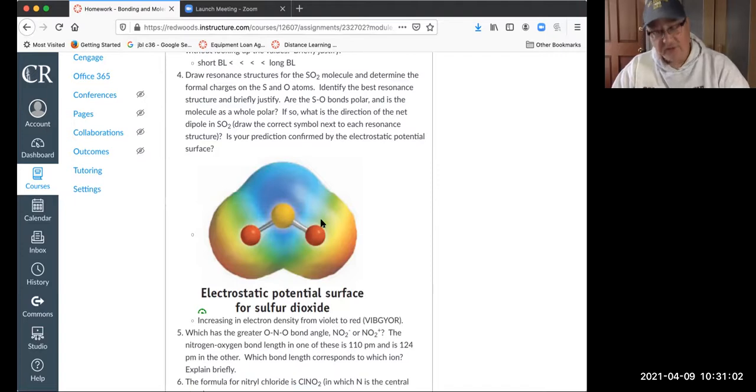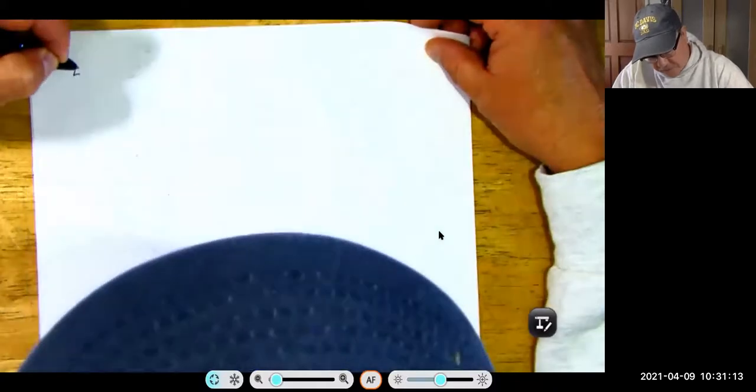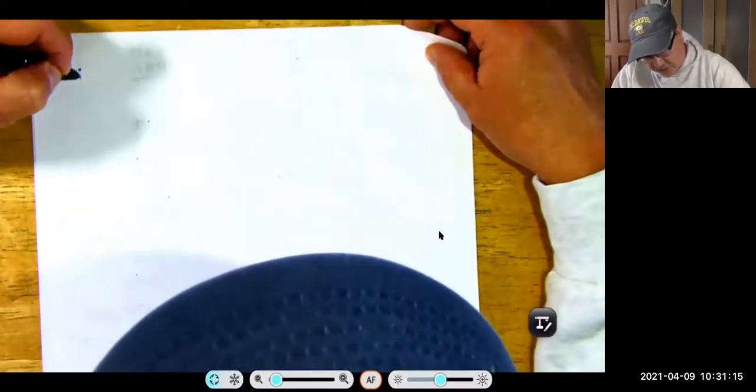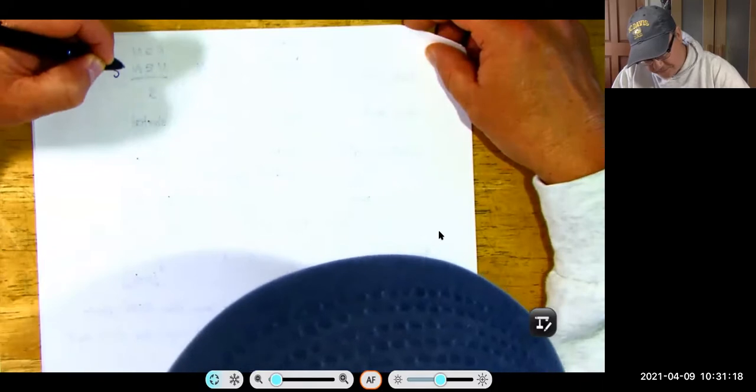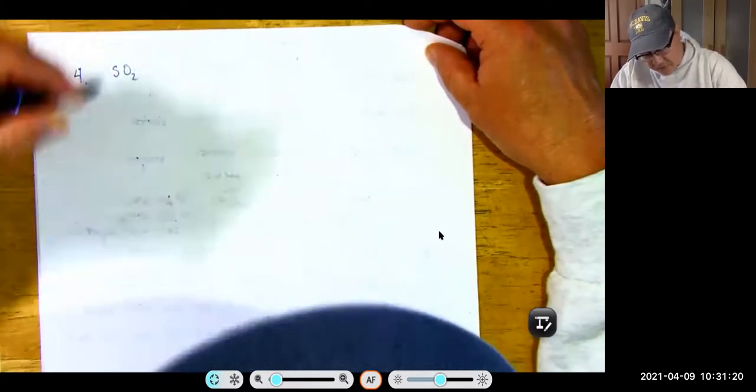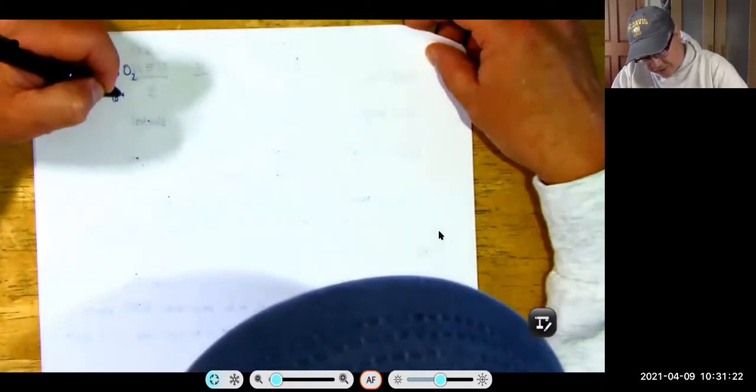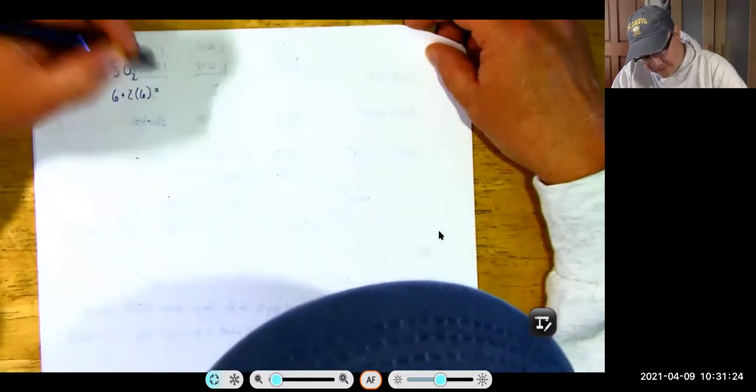Okay, so I'm going to change share to number 4. For number 4, we have to first draw the Lewis structure. We have a total of 6 plus 2 times 6 for 18 electrons.